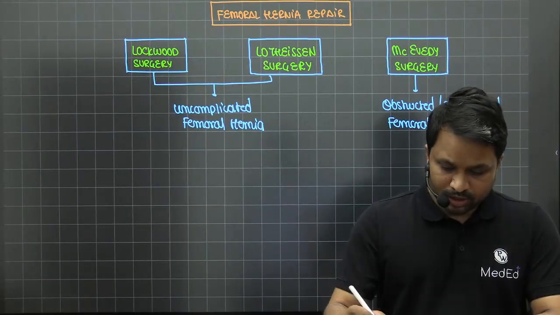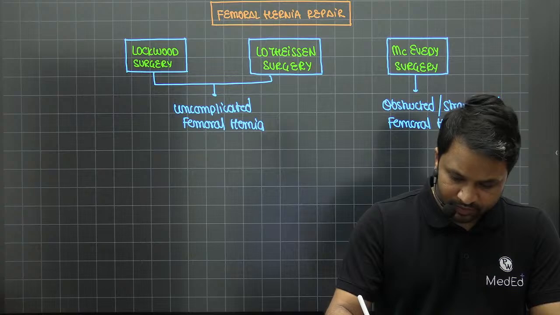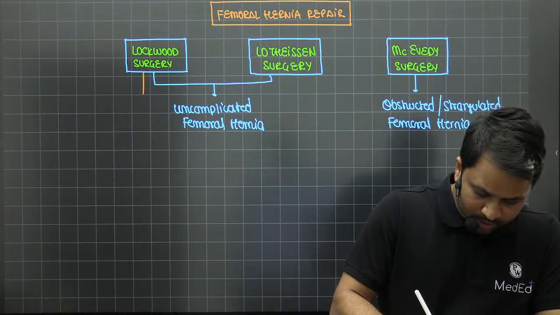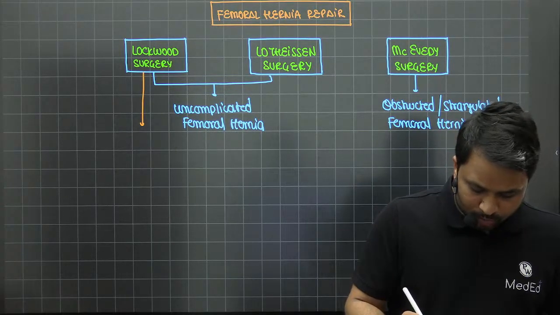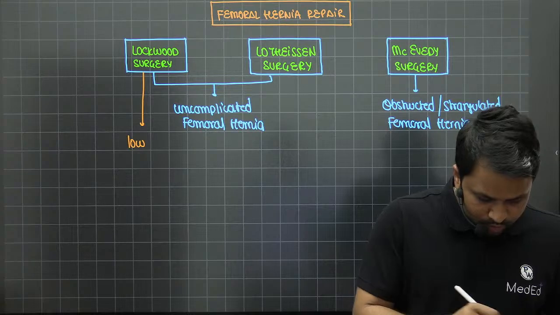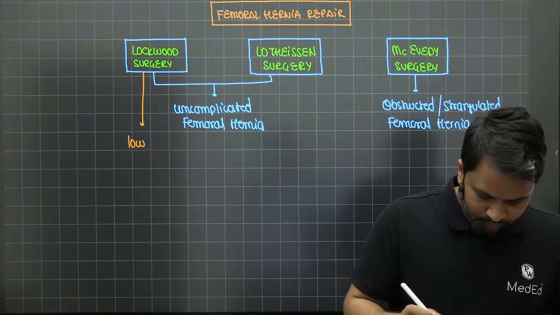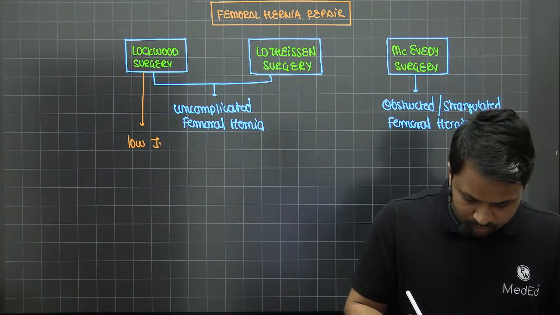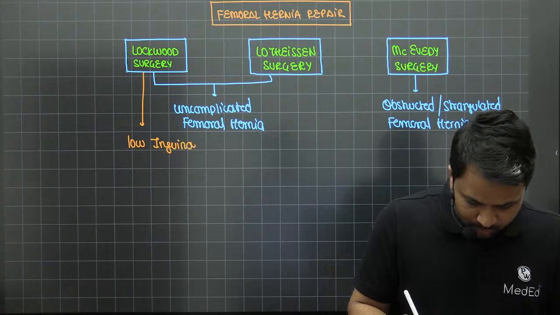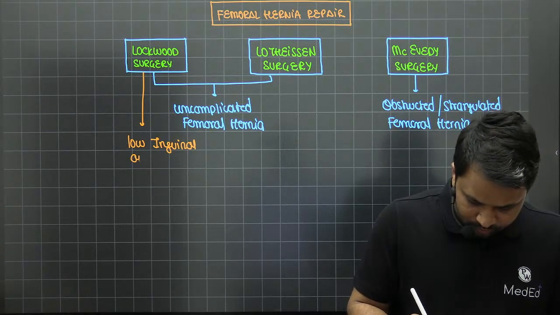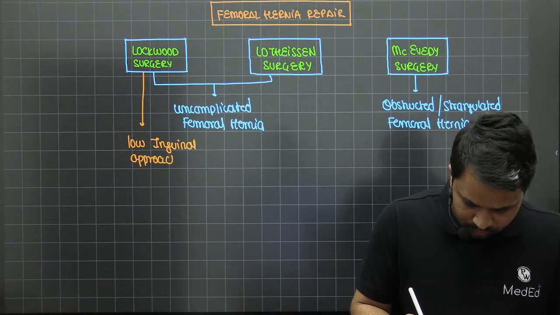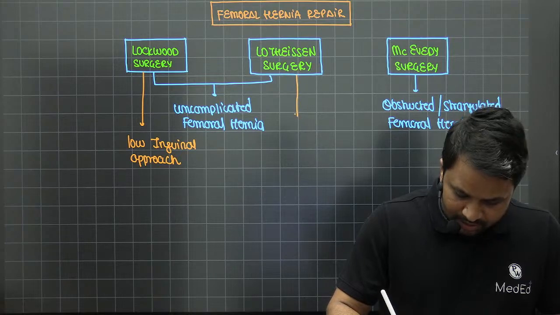When you talk about the approaches, remember when we say Lockwood approach, the Lockwood is actually a low inguinal approach. Lotheissen is actually an inguinal approach.